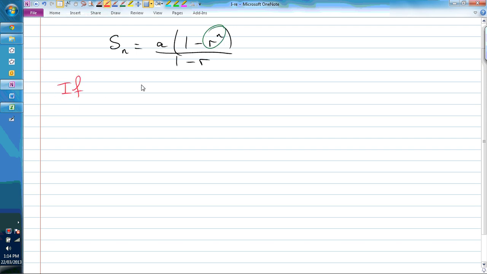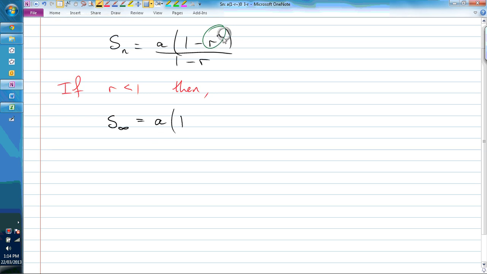If, and this is a big if, r is less than 1, then the sum to infinity is going to be as if this is 0.